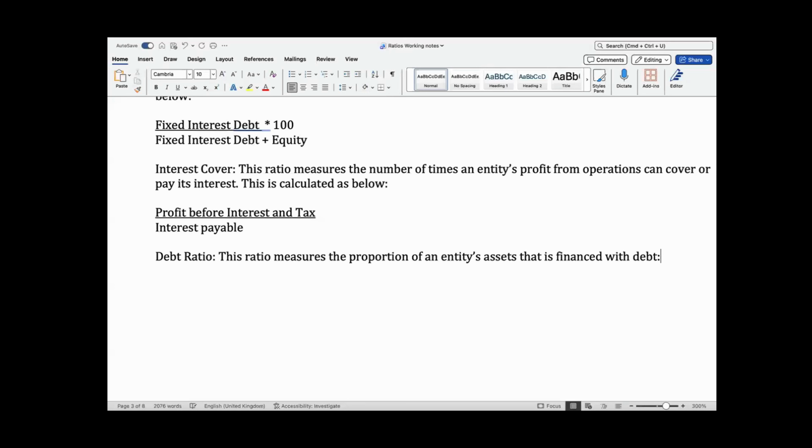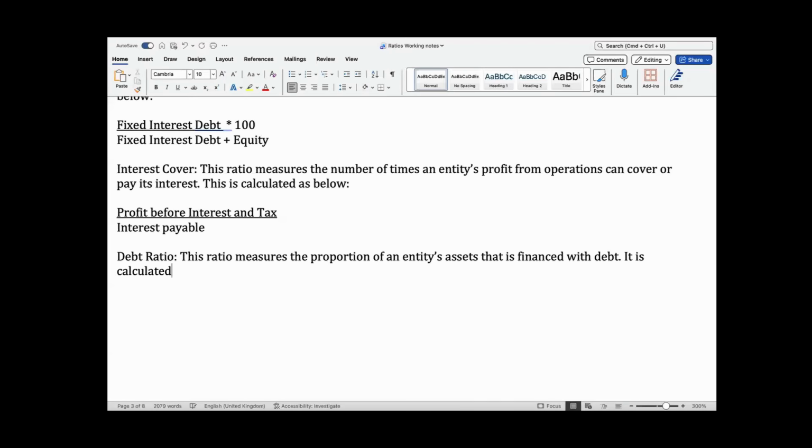And it is calculated as the fixed interest debt divided by total assets, of course, multiplied by 100 over 1.